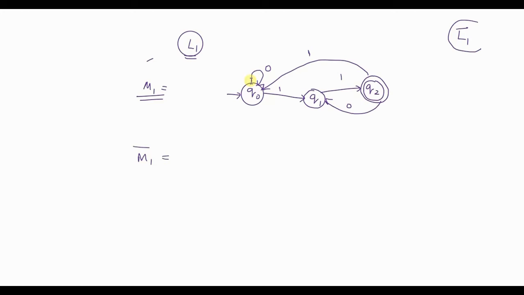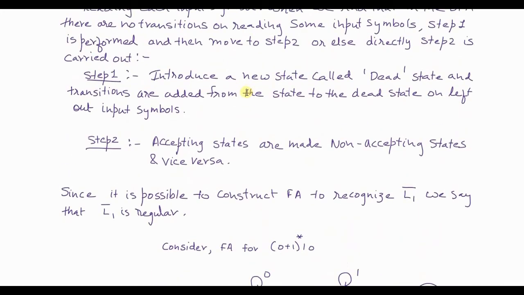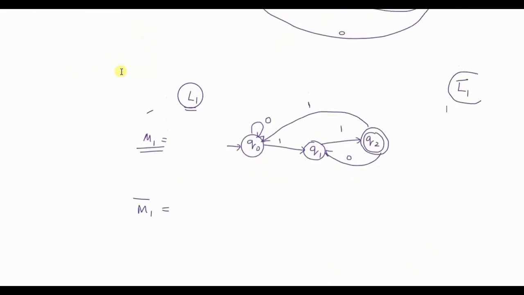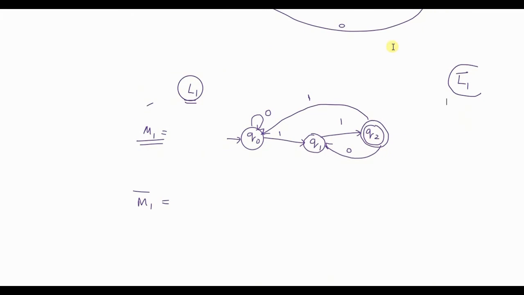The first step told over here is: introduce a new state called a dead state, and transitions are added from the state to the dead state on left out symbols. This step 1 is used only when for certain nodes not all transitions are defined. For example, for this automata, what is sigma?